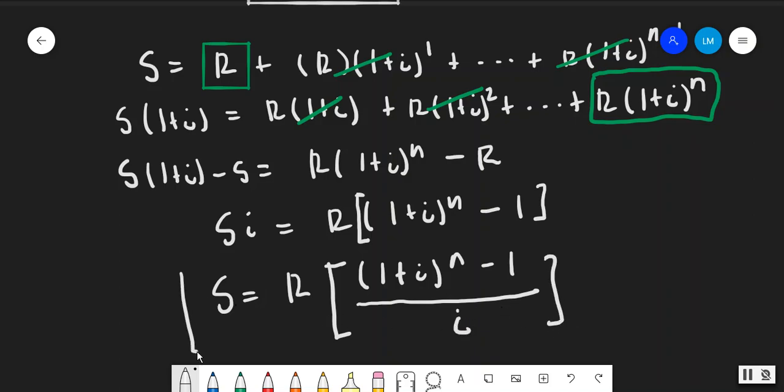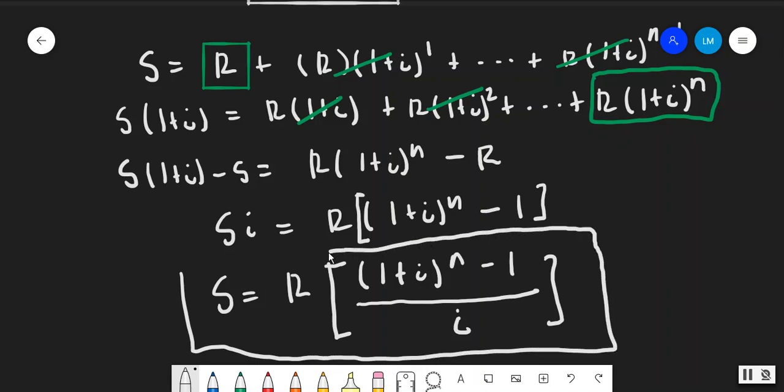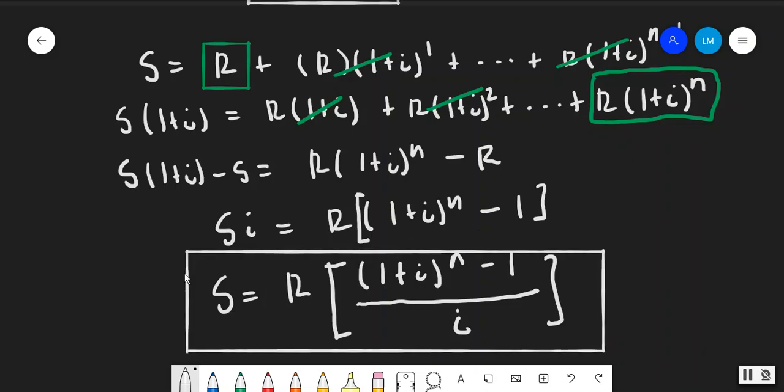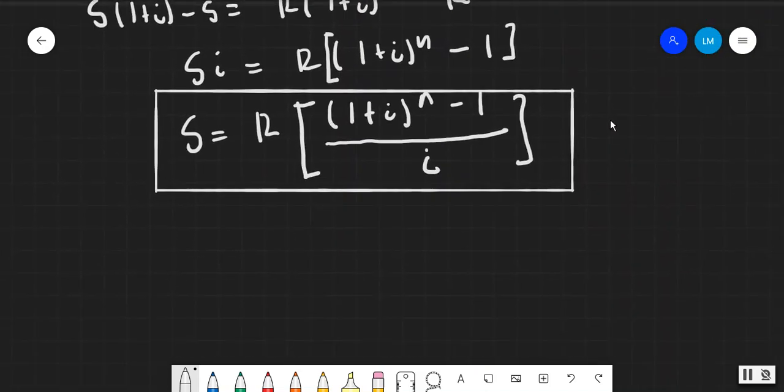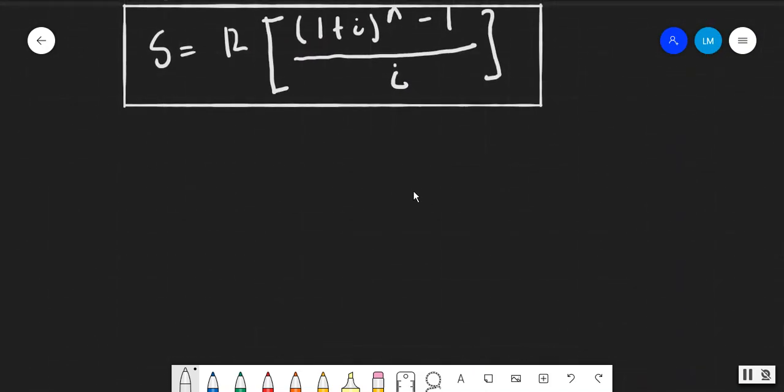Now, basically, this formula right here represents the future value of an ordinary annuity, where the payment is made at the end of the period.